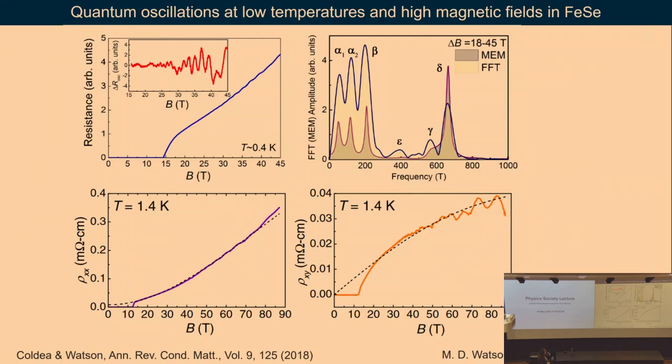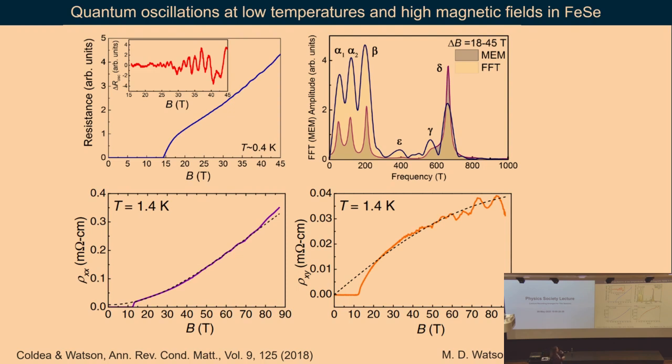And here are some examples of how they look. So we are dealing with superconductors. That means they have zero resistance. We need extremely high magnetic fields to kill the superconductivity and then to access the normal state in the vicinity where superconductivity occurs. And very low temperatures, which is about here, 0.4 Kelvin, at fields of 45 Tesla, then we can start seeing this very weak oscillatory signal.